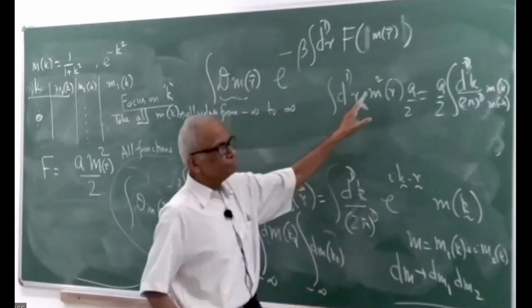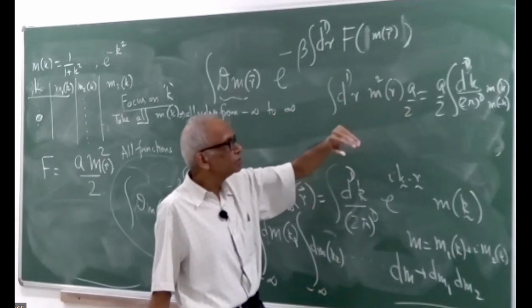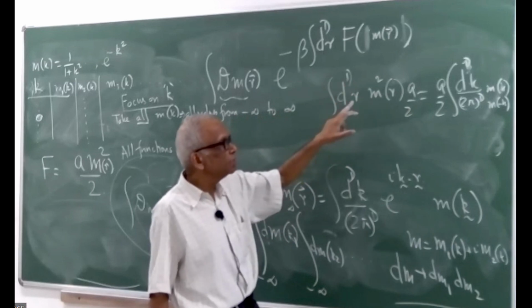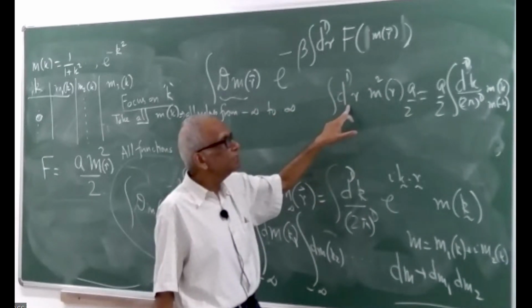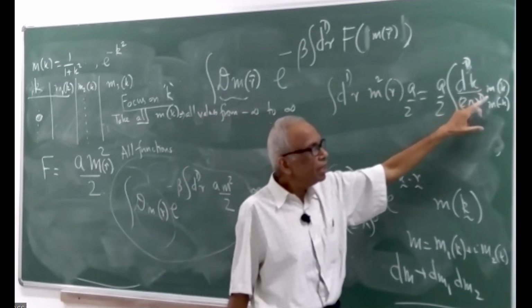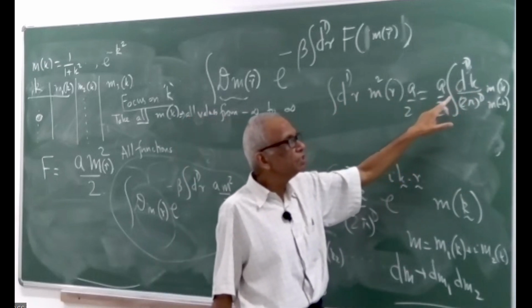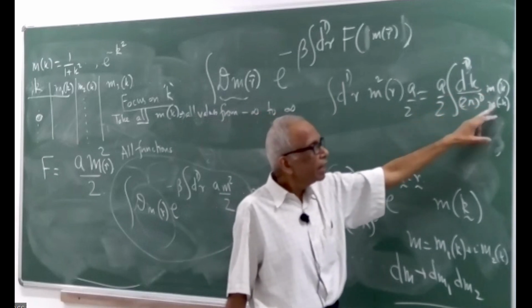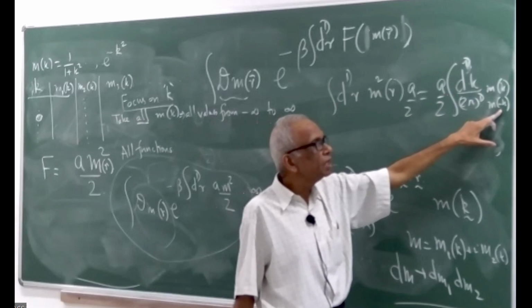So this is Parseval's theorem, standard Fourier transform business. M square integrated over all space is the same as mod m of k square integrated over all k space. So I'm just doing Parseval, and it is m of k times m of minus k.